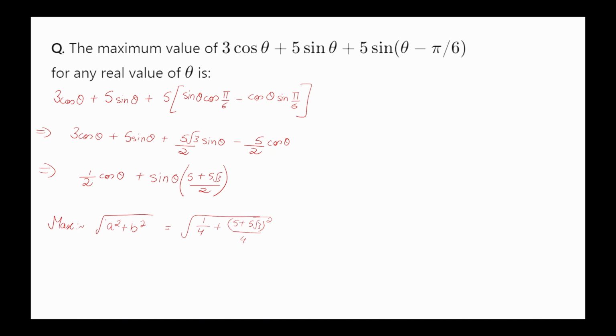Upon solving this, I would have a 4 below, again under root, and what would I have ultimately? This would become 1 plus 25 times 3, which is 75, and so on. And what would this transform into?